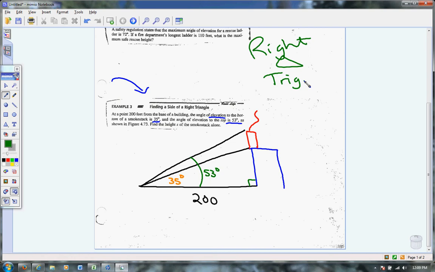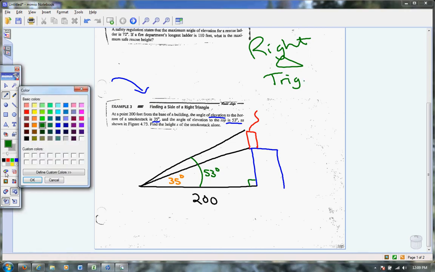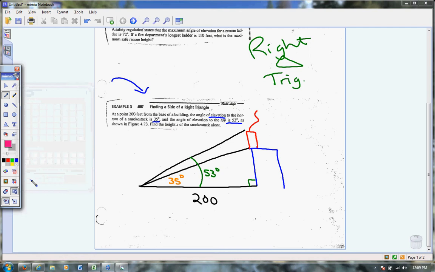Now the reason why that is important on this problem is I have seen many times in the past where people think that I can do a trig function with this triangle right here. And you cannot, because it does not have a right angle. We have to work with our right angles, and my right angle is right here with my right triangles.